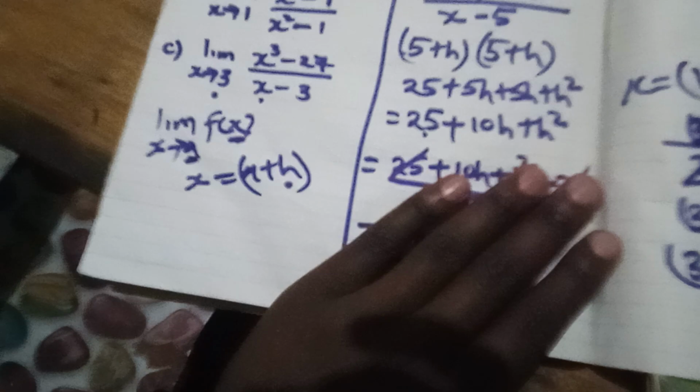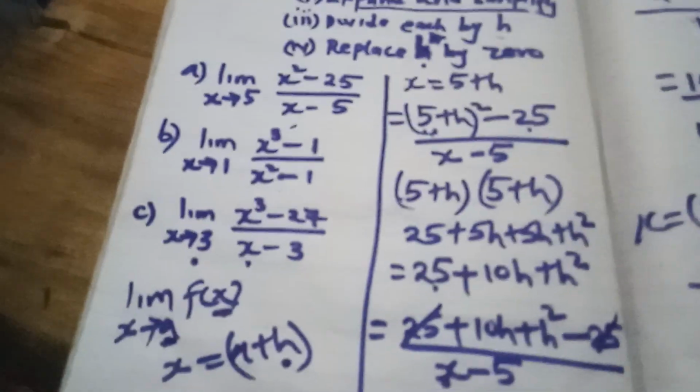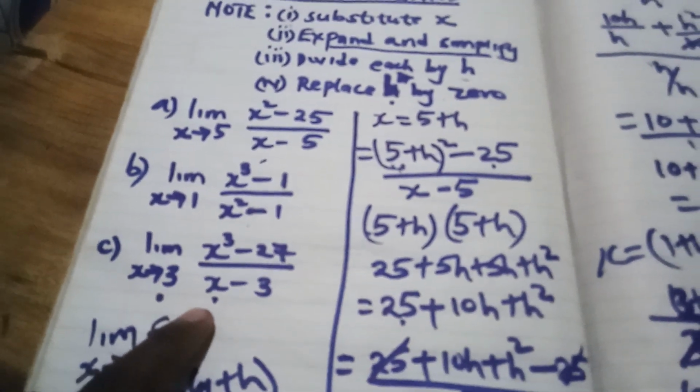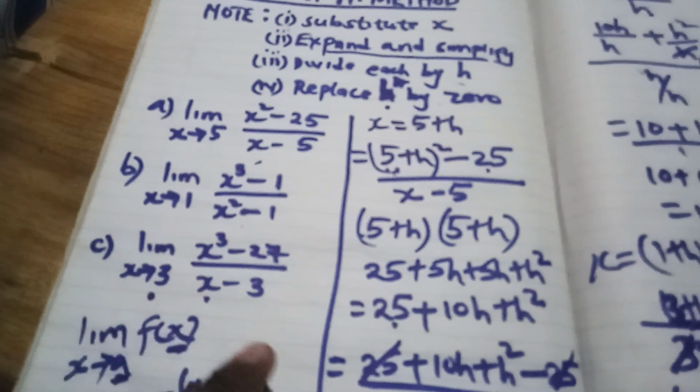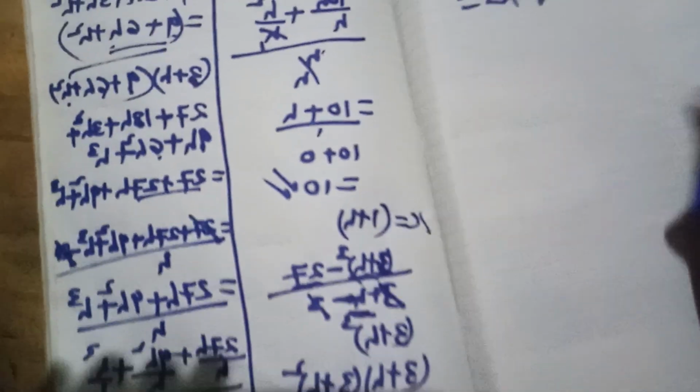Let us look at the last example of this h method. Then we will have the limit as x approaches 3 of x cubed minus 27 out of x minus 3. Let us now solve this question as our last example.